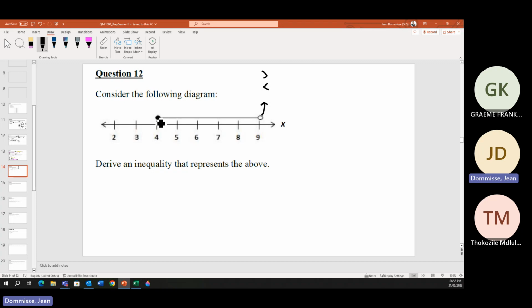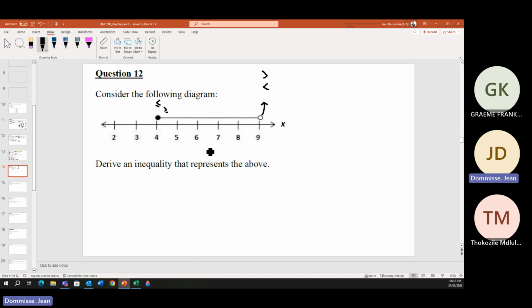If I have a closed circle like that, I use the bigger or equal or the smaller or equal. I don't know if this is somewhere in your textbook or in your study guide as well.